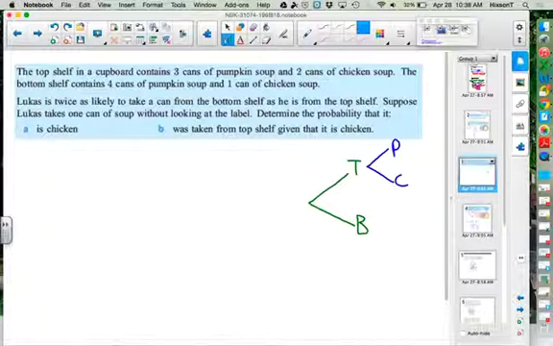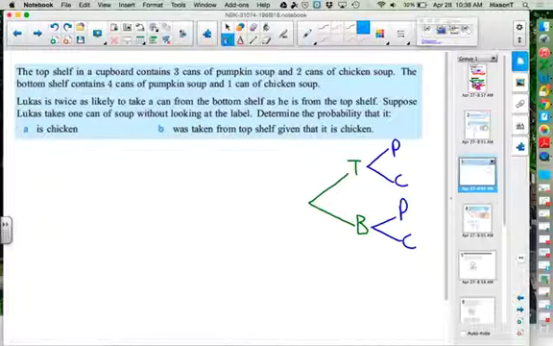And we have that choice regardless of which shelf we picked originally. Does everyone understand how this tree diagram is going to be set up?